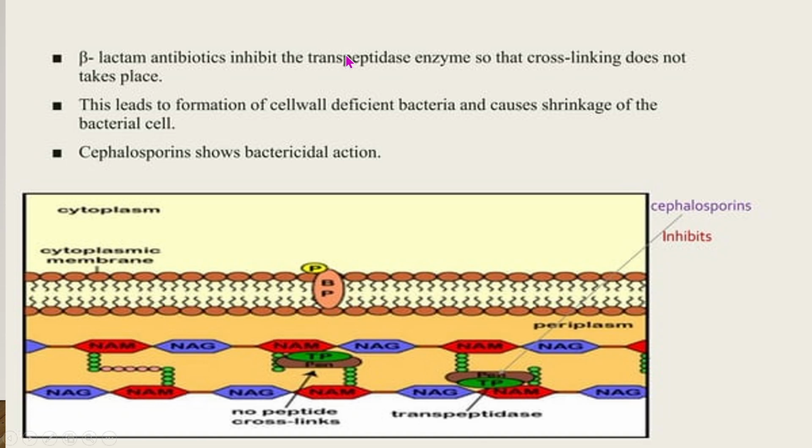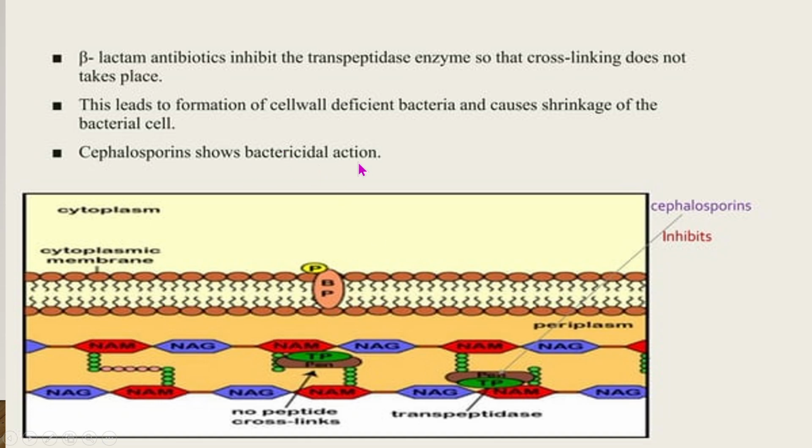As this enzyme is inhibited by the beta-lactam antibiotic, further cross-linkage does not happen, and the cell wall is not formed properly. That improper formation of the cell wall causes shrinkage of the bacterial cell.